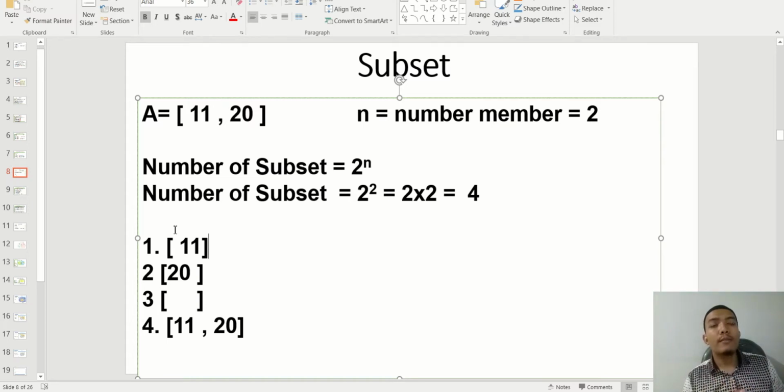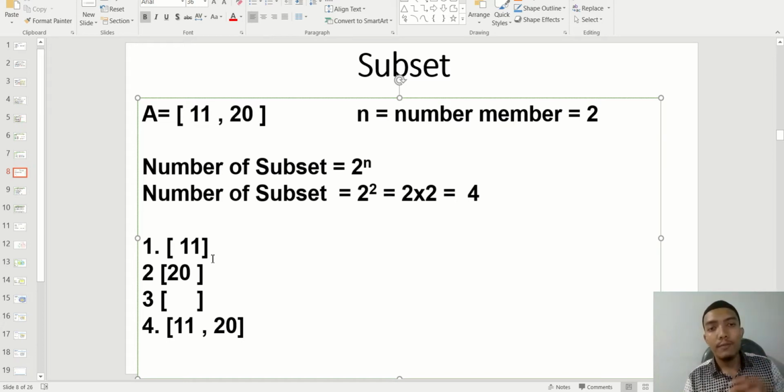So let us try to make a new set which is a part of that set. Kita buat himpunan baru yang merupakan bagian of that particular set. Because this is 11 and 20, I put 11 here, 20 here. And then the empty set is also a part of the subset, termasuk bagian dari subset.